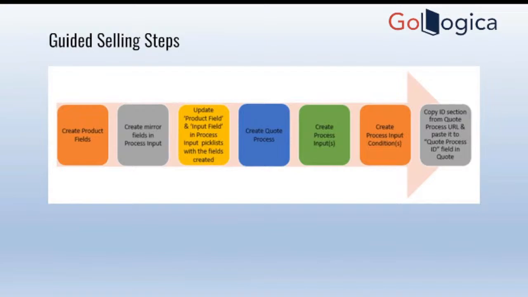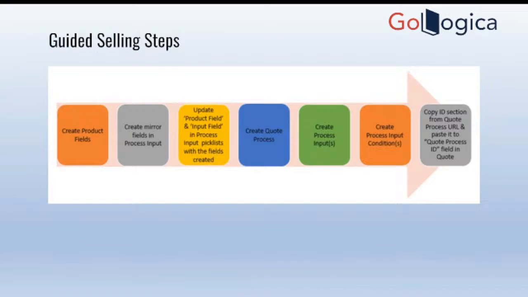Once we have created the mirror fields, then we update the product field and input field in process input pick list values. Then we need to create the code process and process input questions and conditions. And the last thing is we update the URL we have created for guided selling into the code, which will be available for code guided selling.